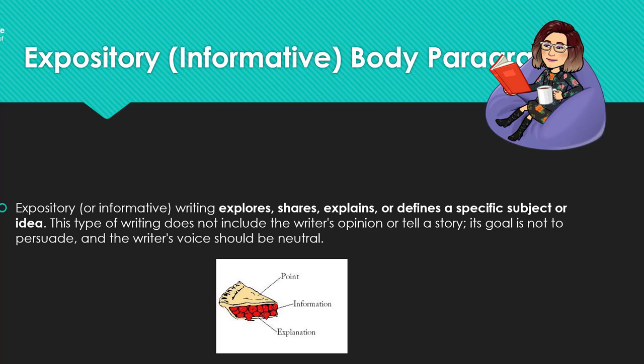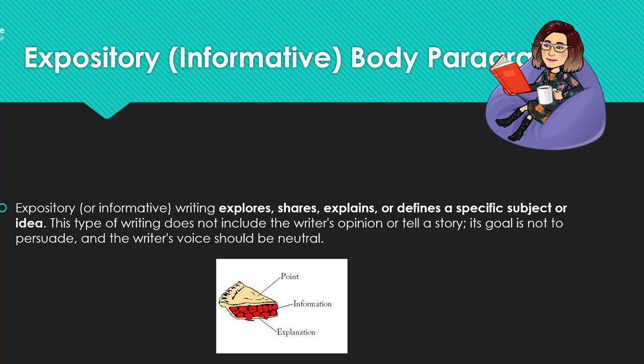And when we write an expository body paragraph, we use pie structure, where the main point is the sentence that comes from the thesis statement. That's the topic sentence. The I is for information from another source. Okay, so that's when you have to use APA in-text citation inside your body paragraph, and I will go over how we do that in my next presentation.